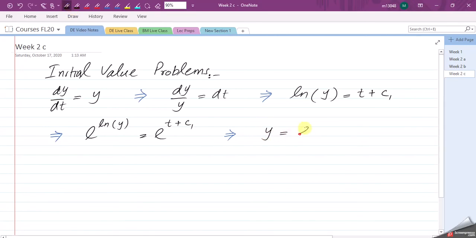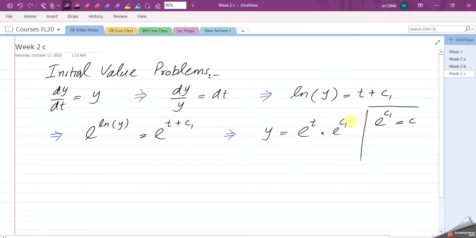And on the right hand side, we would like to split this into 2 and write like this, which is again from algebra. C1 is a constant, e is a constant, universal constant. So e power C1 is also a constant. We can rename this constant as C because C1 is unknown constant.